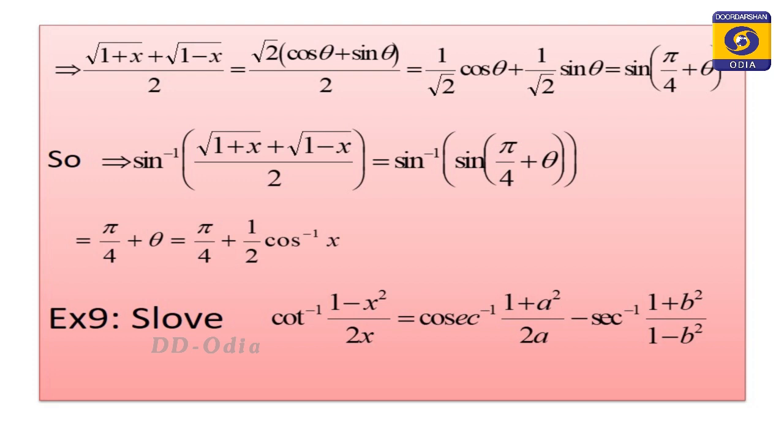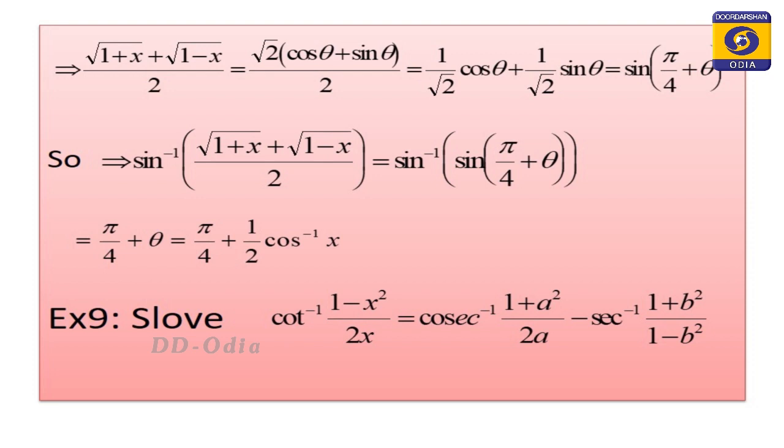So sin inverse of sin of pi by 4 plus theta, the answer is your pi by 4 plus theta, and pi by 4 plus theta is your 1 by 2 cos inverse x.